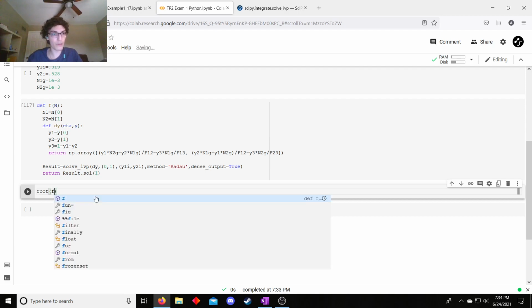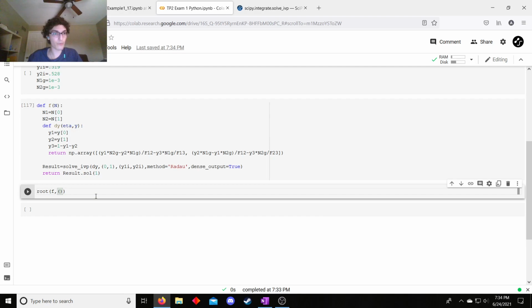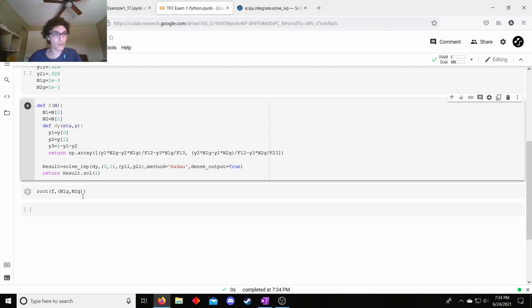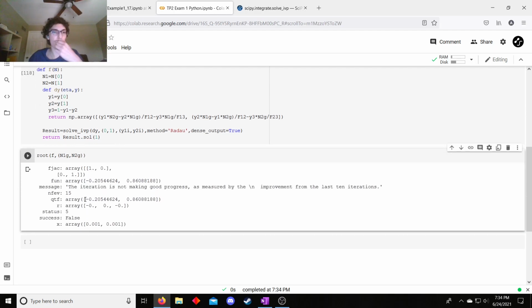So we're going to do f, and then we're going to do n1g and n2g for our 2 guesses. We're going to run this. Well, hopefully it works. Okay. And we get an array back, and it's going to be under x.